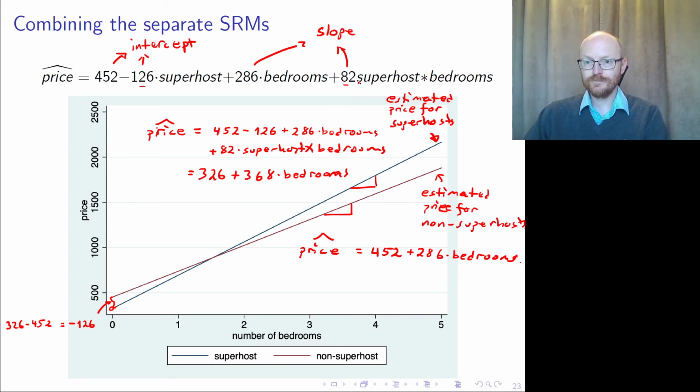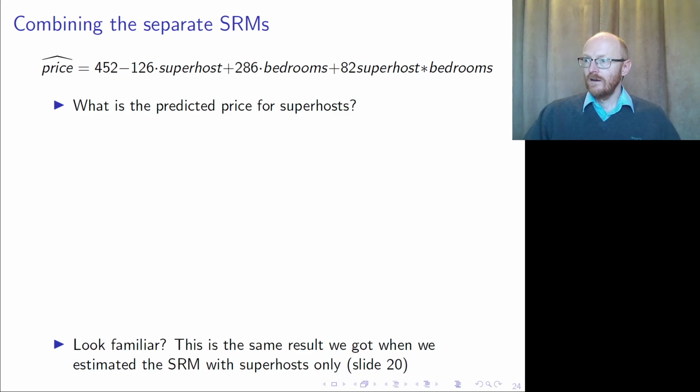Okay, so we are looking at the predicted price for superhosts. Well, we did that kind of on the last slide, but here you have the dummy variable, and it's equal to 1 because we are looking at superhosts, right?